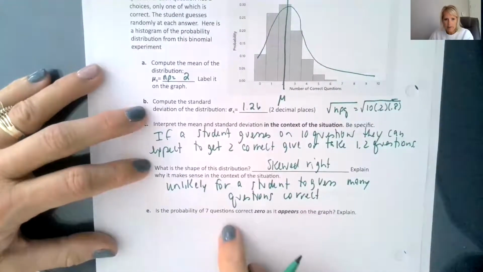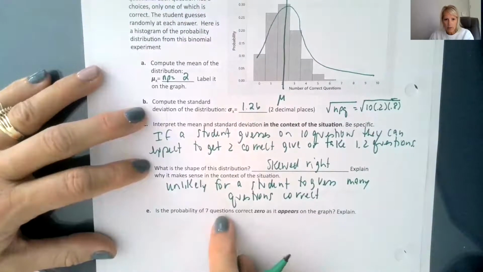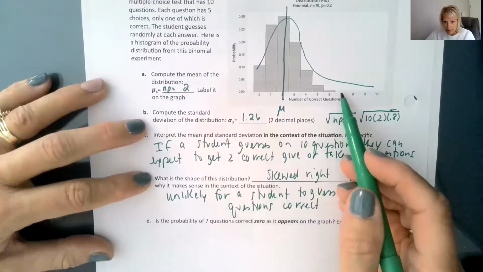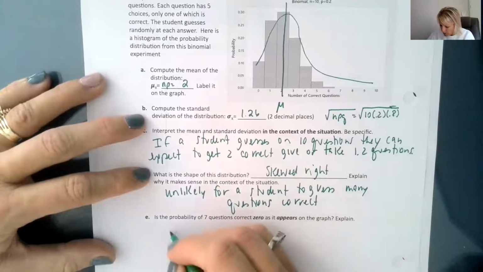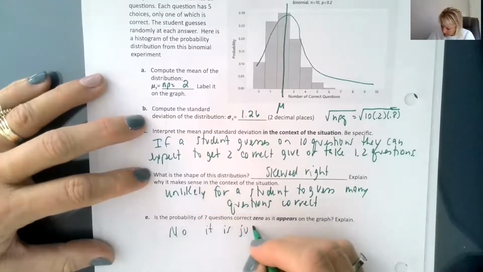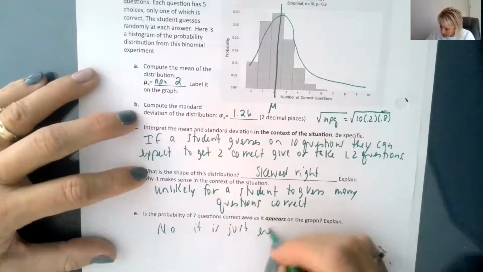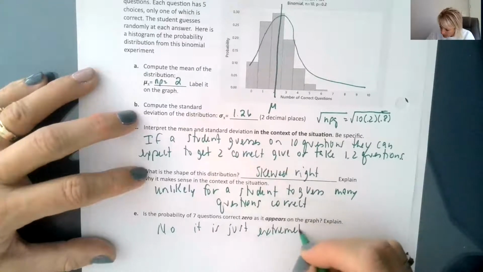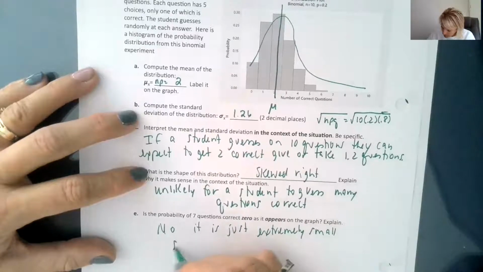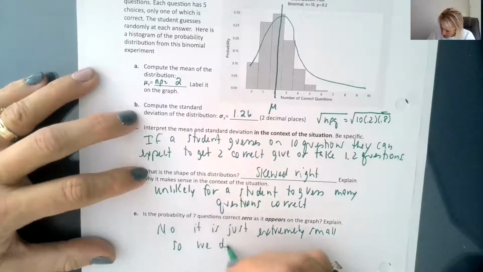And the probability of 7 questions correct is 0 as it appears on the graph. So it appears that it's 0 here, but it's no. It is just extremely small, so we don't see it, right?